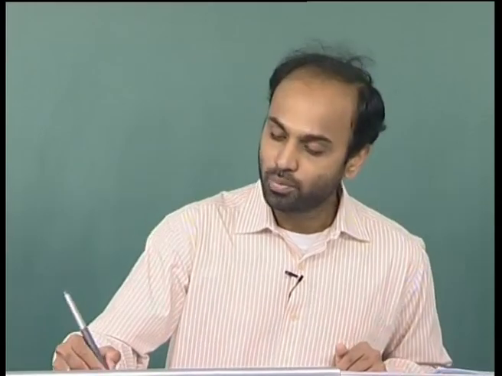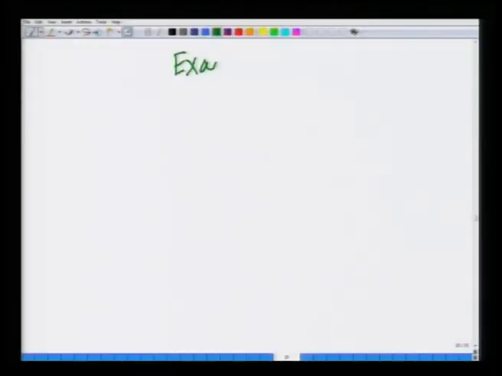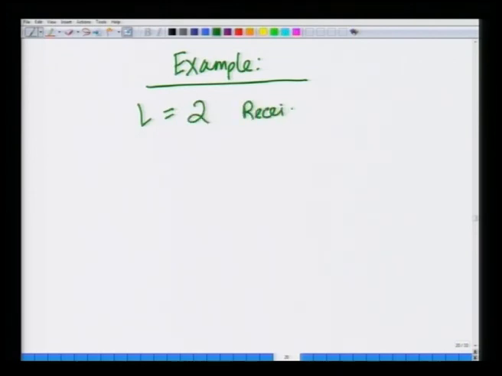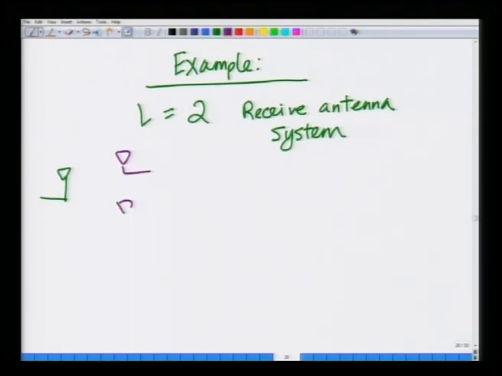Let us take a quick example to reinforce this idea. I want to consider an L equals 2 receive antenna system, that is my receive antenna system has L equals 2 receive antennas. So, let me again draw a schematic of that system, that has one transmit antenna and 2 receive antennas.